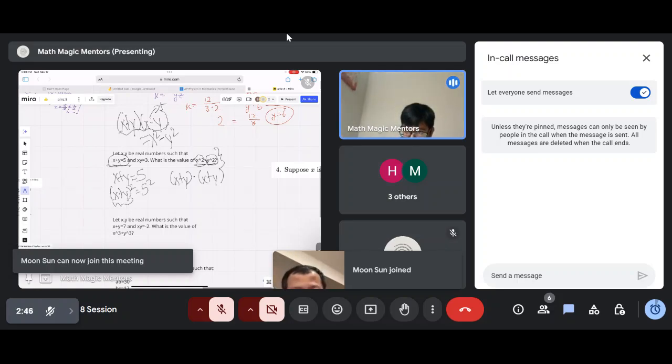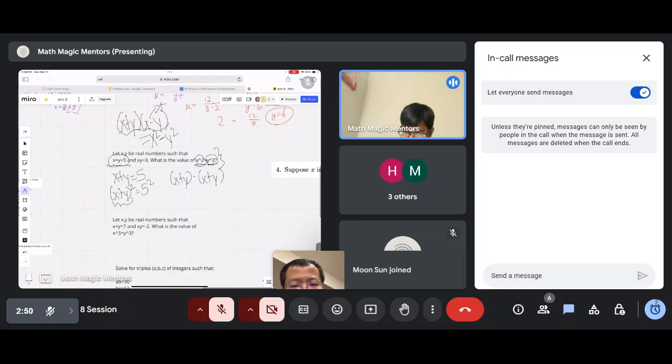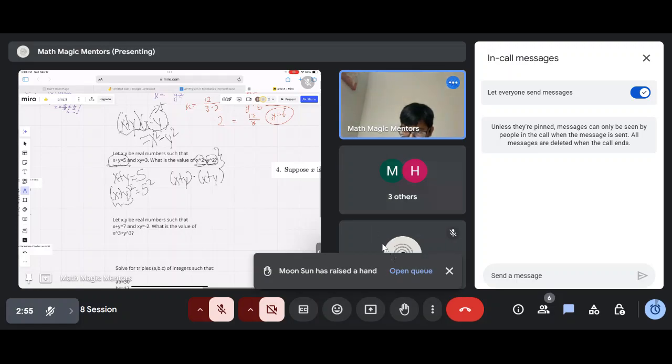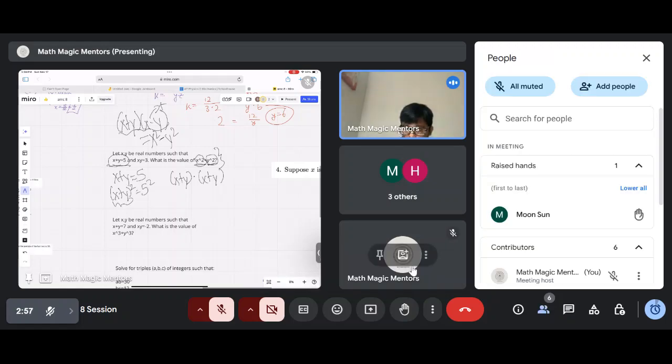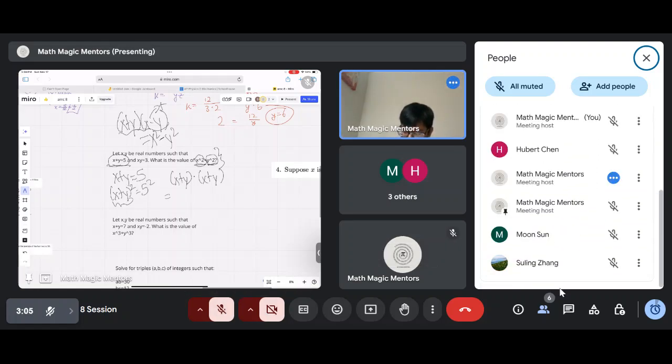The way you can try expanding this expression is obviously just by doing it part by part.